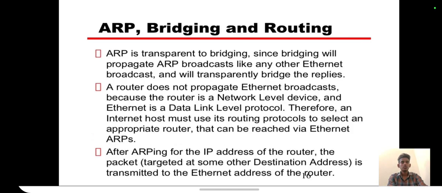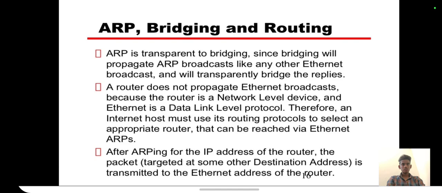ARP, bridging and routing. ARP is transparent to bridging, since bridging will propagate ARP broadcasts like any other Ethernet broadcast and will transparently bridge the replies. A router does not propagate Ethernet broadcasts because the router is a network level device and Ethernet is a data link level protocol.